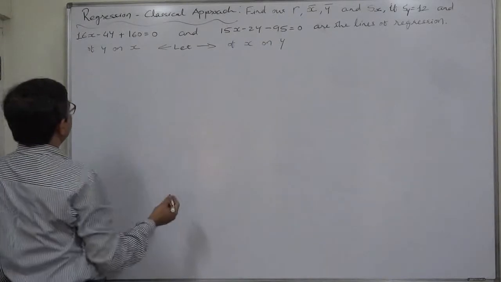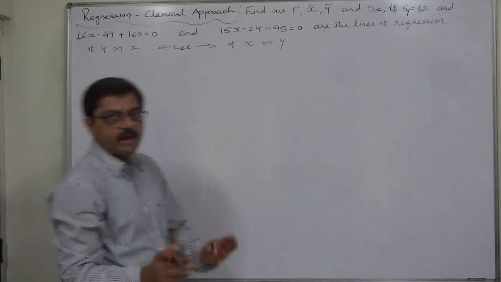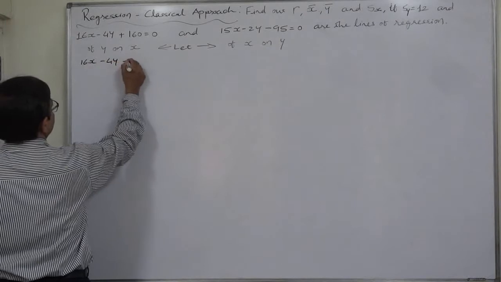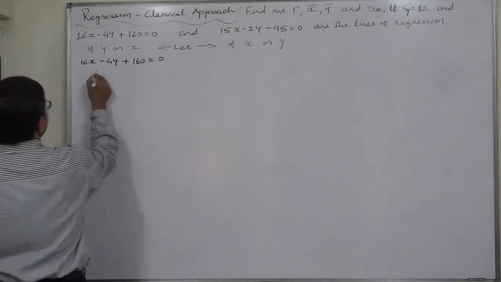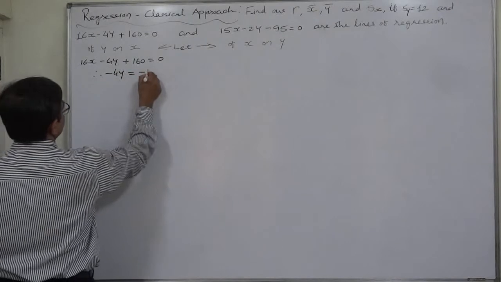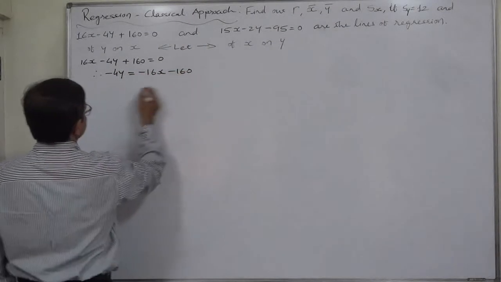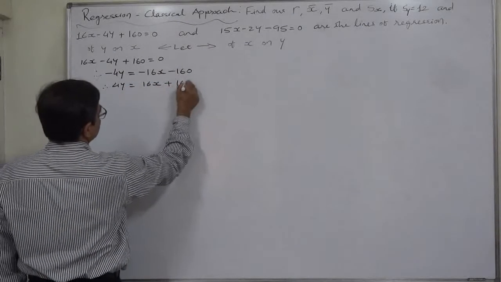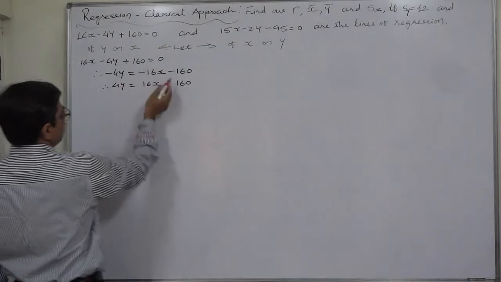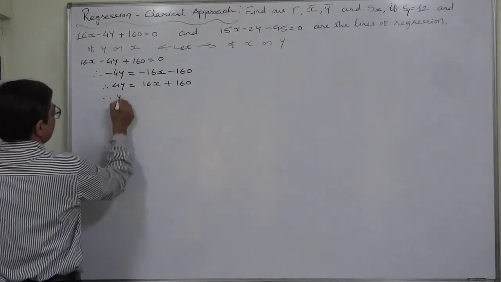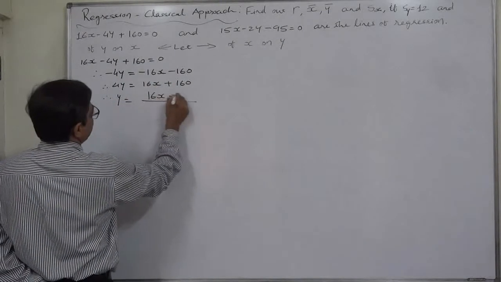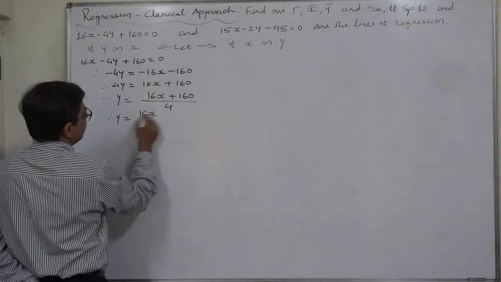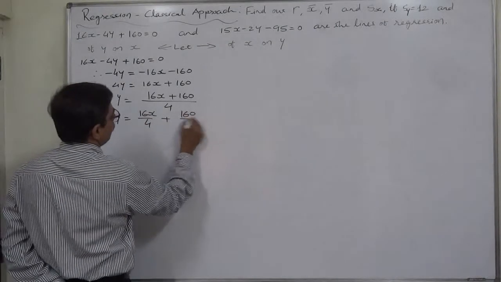Since this is the line of regression of y on x, first we have to make y the subject of formula. 16x minus 4y plus 160 equals 0. Therefore, minus 4y equals minus 16x minus 160. Therefore, 4y equals 16x plus 160, because all the factors are negative. Therefore, y equals (16x plus 160) upon 4, which is 16x upon 4 plus 160 upon 4.